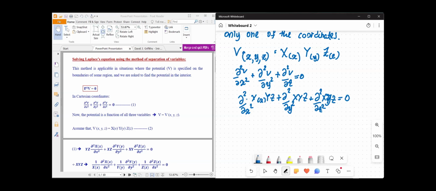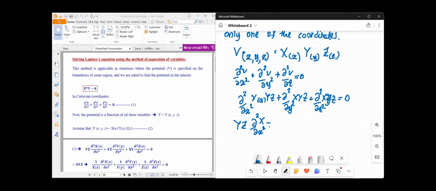Now, if I consider here, this capital X function is only dependent on x. The other two functions are not dependent on x. Therefore, relative to x, Y and Z can be considered constants, and we will have del squared X over del x squared.